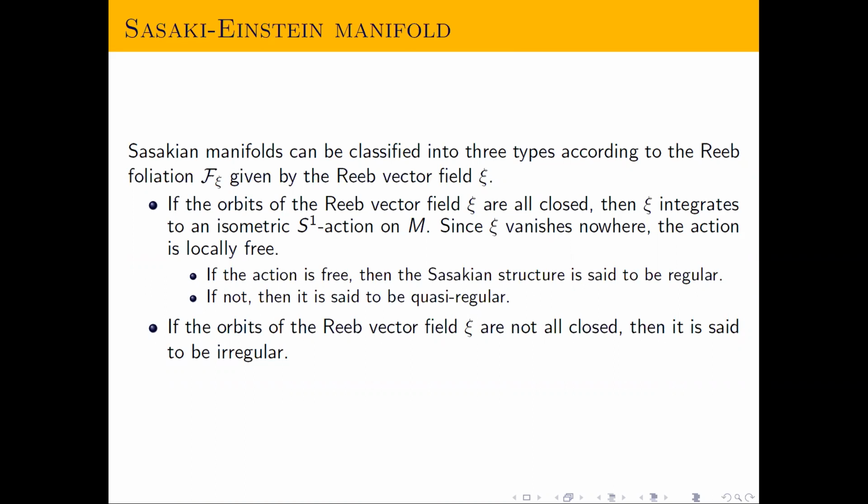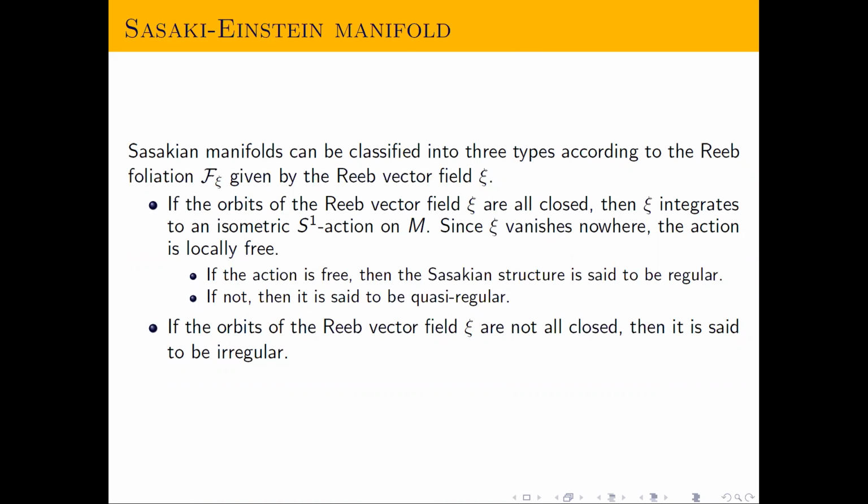If the orbits of this Reeb vector field are all closed, then this vector field integrates into an S1 action on M, the original manifold. And this vector field never vanishes, so the action is locally free.